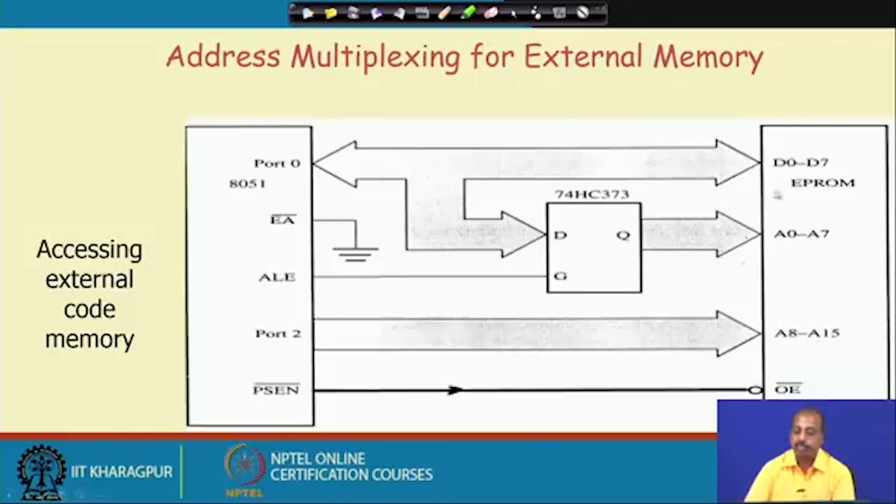After that, the PSEN bar line is connected to the OE bar line of the ROM, so the ROM puts the data onto the data bus, and it comes to port 0 of 8051, which acts as the external data bus. In this way, just like 8085, here also we have multiplexing of the address and data bus, and it can be demultiplexed through the latch.